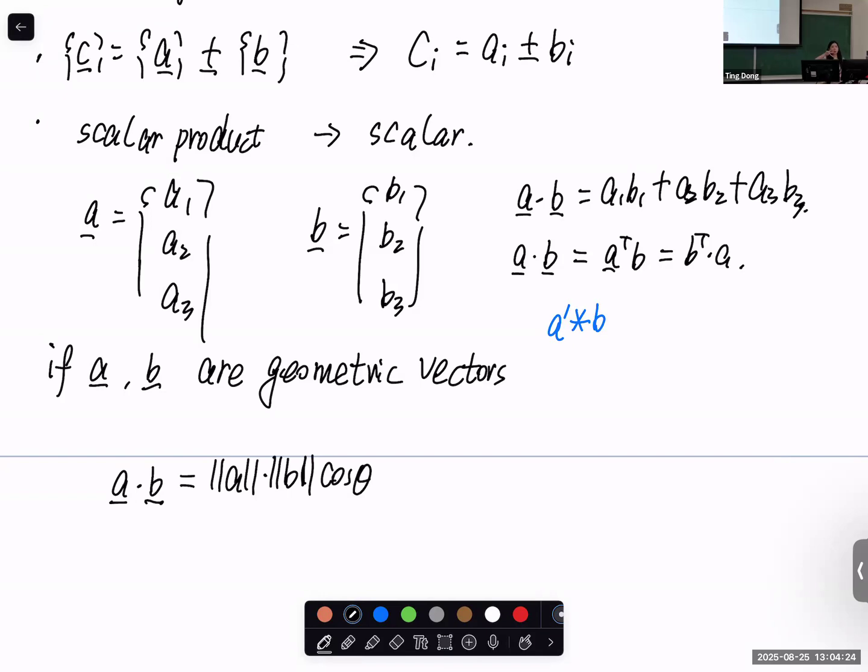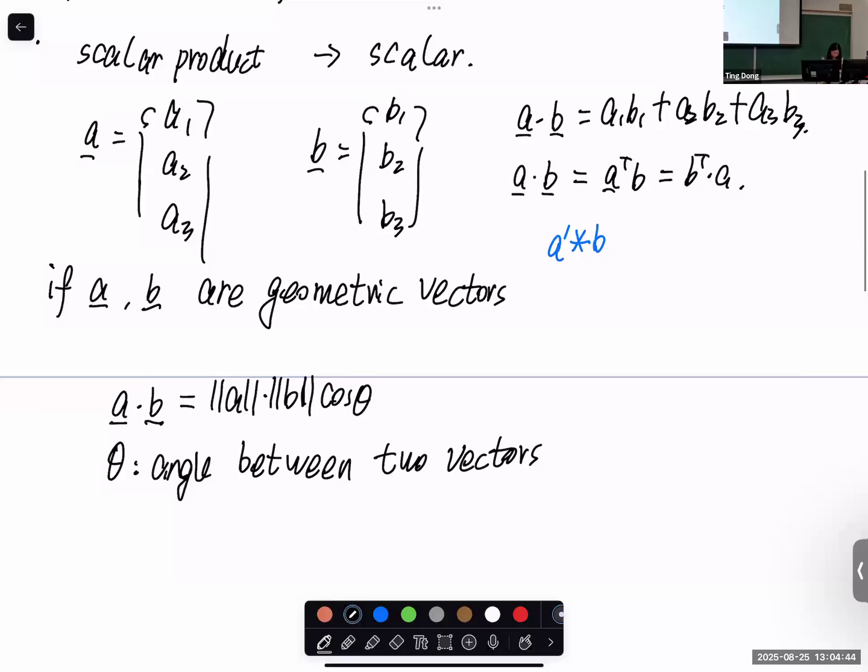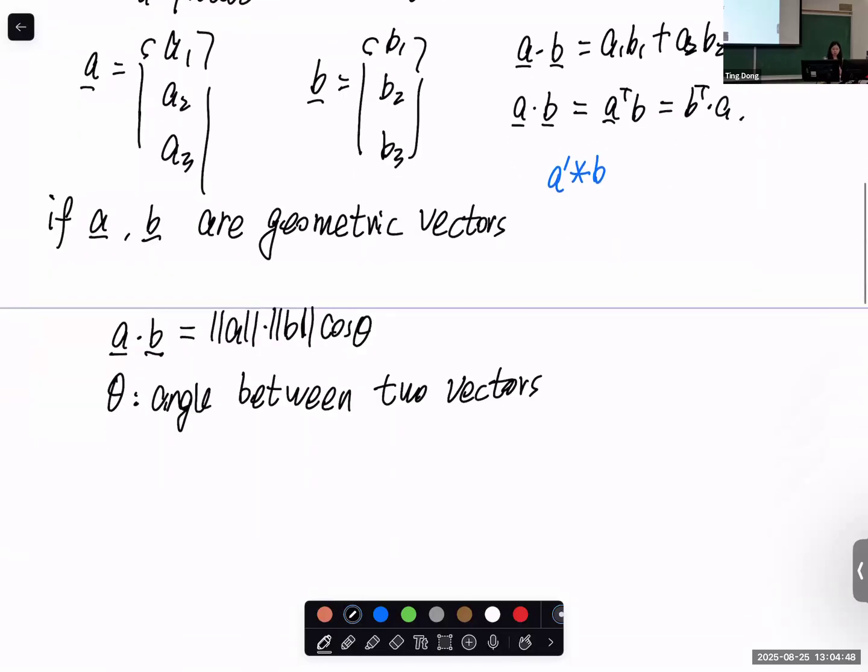And theta is the angle between these two vectors. So this is the scalar product part.